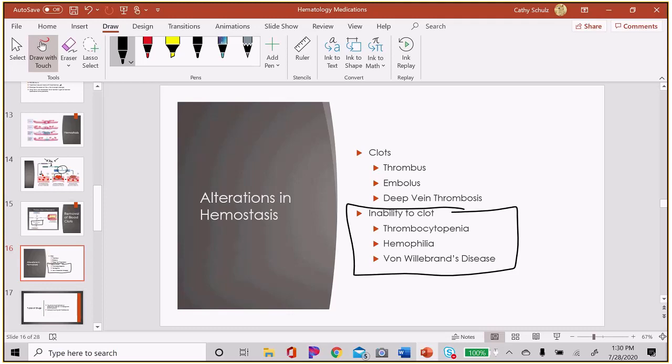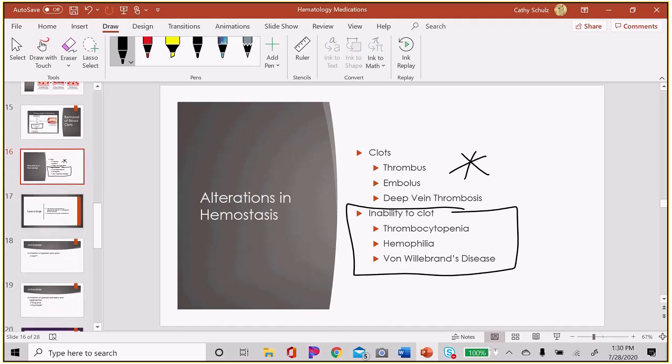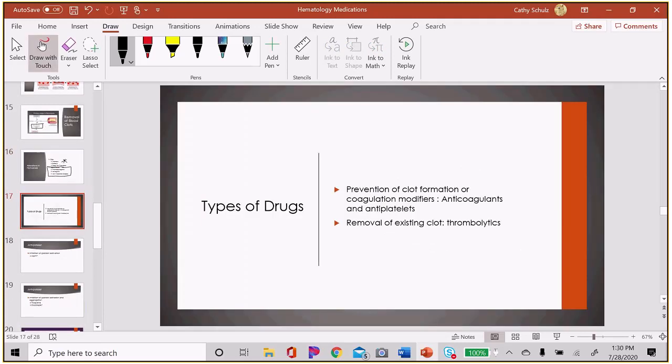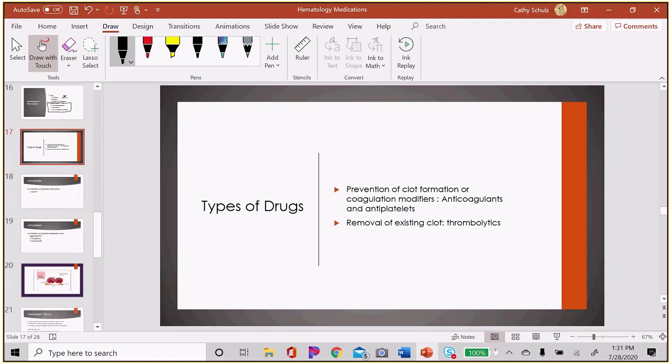They do mention that you can give people blood factors separately if they have hemophilia to treat the ones that they're missing. But we're going to focus on medications that stop excessive clotting. So it's anticoagulants and antiplatelets, which prevent clot formation or prevent clots from getting bigger, or removal of existing clots, that's thrombolytics.